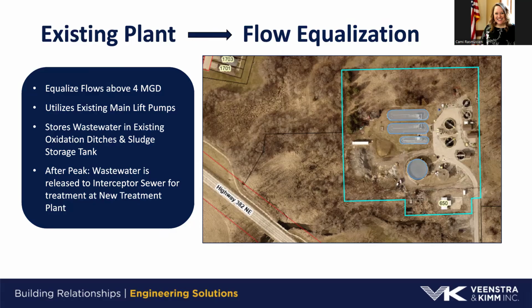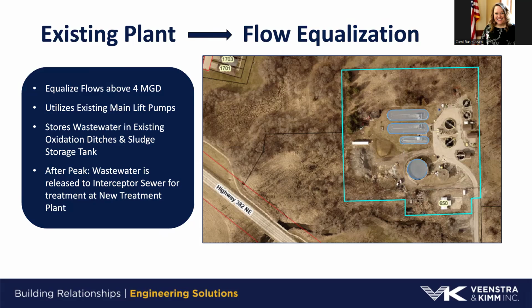We're diverting the flow here with a gate and utilizing the existing lift station to pump over to both the 3 oxidation ditches that are in blue there, the kind of oval shaped tanks, and then also that circular tank is currently used for sludge storage. And that gives you about 800,000 gallons of storage at the site.